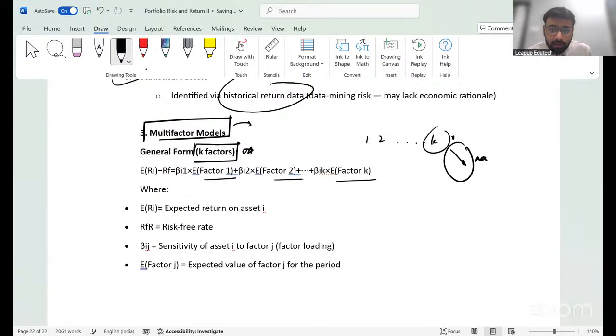So the expected return that this factor is going to create will obviously influence the return for my stock.